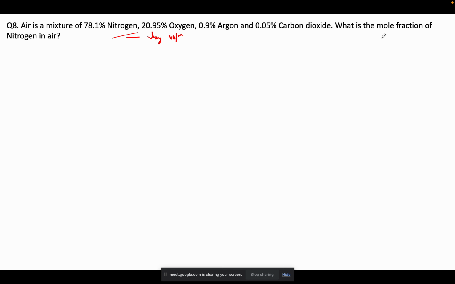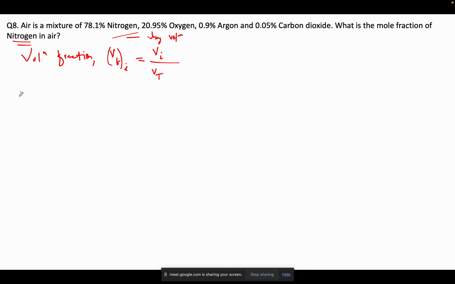Now you have to calculate the mole fraction of nitrogen. Okay, so volume fraction Vf of the element i is nothing but volume occupied by the element i divided by total volume.